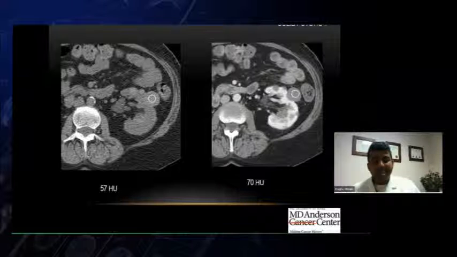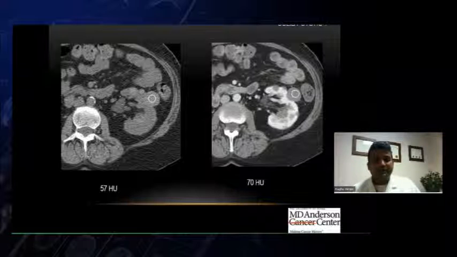Although we have been telling that if there is an enhancement of less than 10 Hounsfield units, it is to be considered cystic, we really don't know, with the rapidly changing CT technology, whether that is still 10 or a little higher. We don't know. So this is one of the problems that we have.